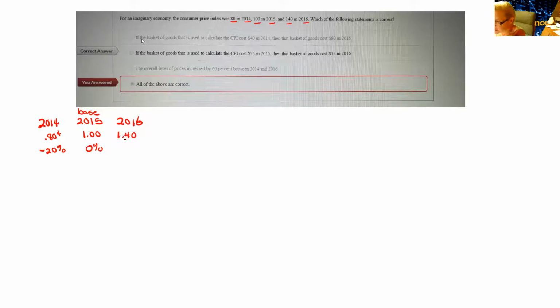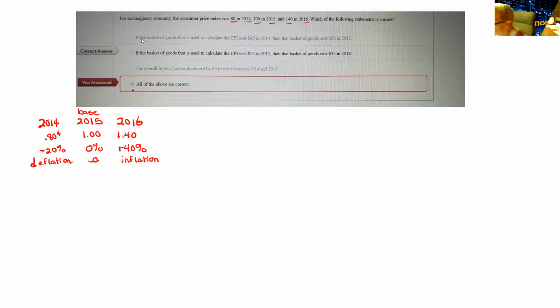So prices have increased 40 cents, or 40%. Interpreting that became the really important part of this problem. So in 2014, we have deflation. We have nothing going on in 2015, and then we have inflation, a general rise in the price level.